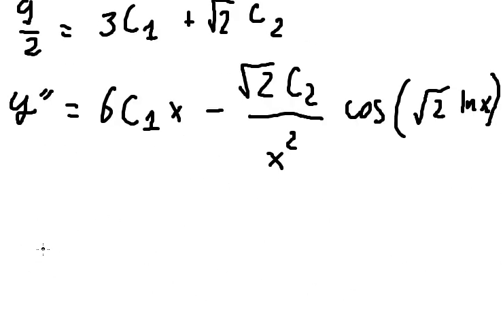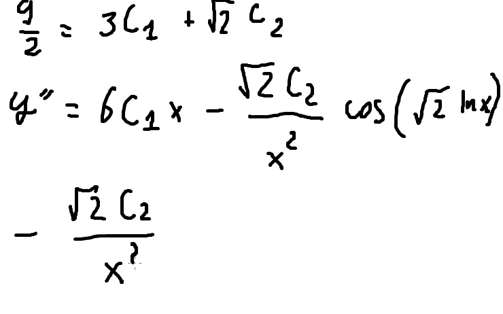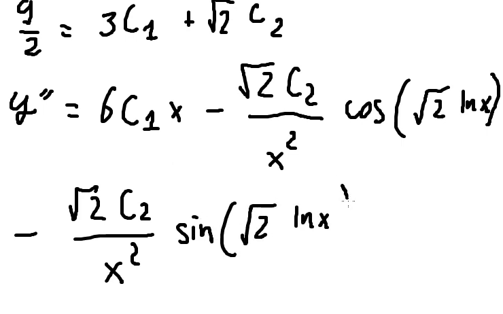This one we have negative the square root of 2 c2 over x squared sine of the square root of 2 ln x. So this one we have positive 2 because we have another square root of 2.